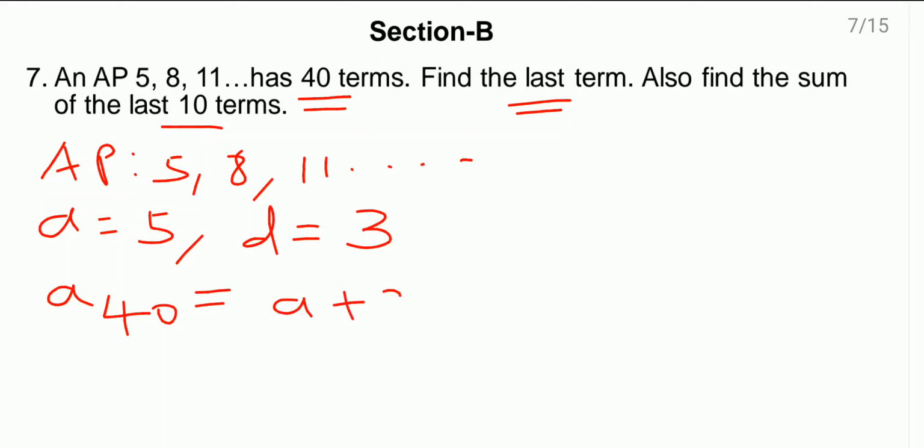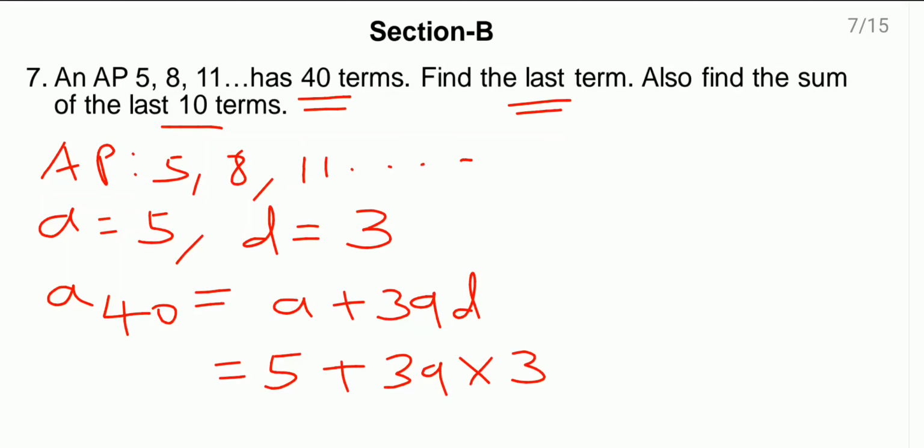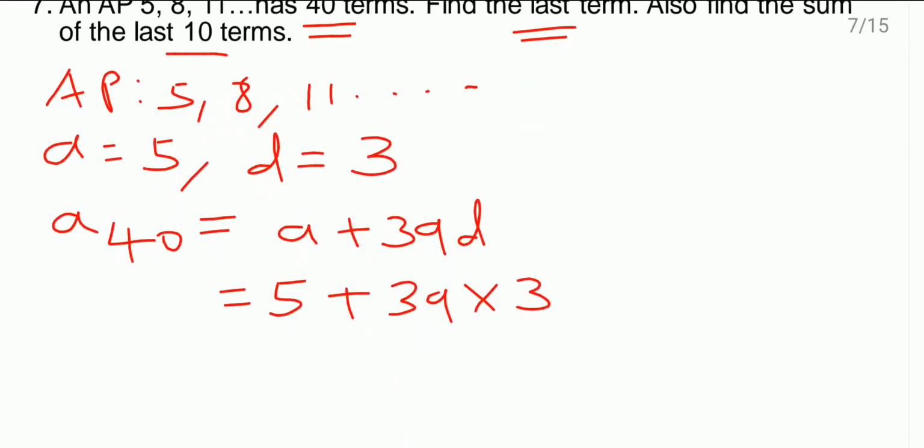So A plus 39D. So value of A is 5, 39 and value of D is 3 here. Okay. So I'll write it down. 5 plus 39 3s are 117, so it comes as 122. I got the 40th term.